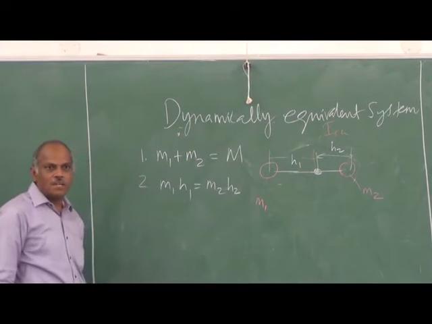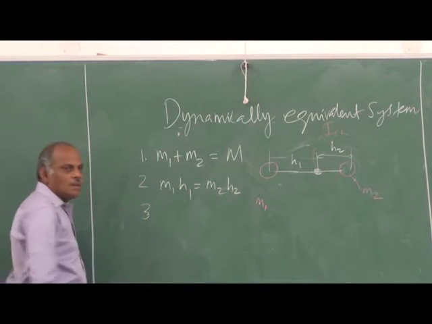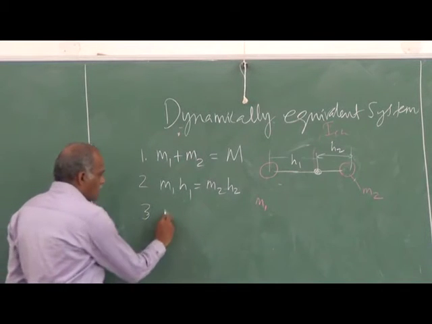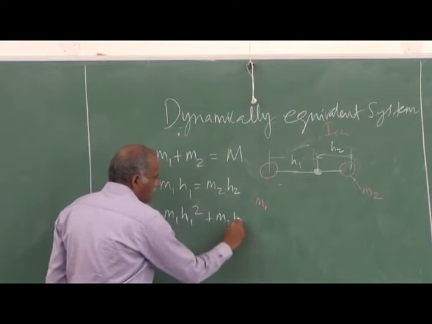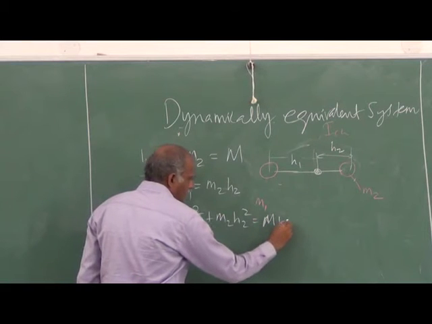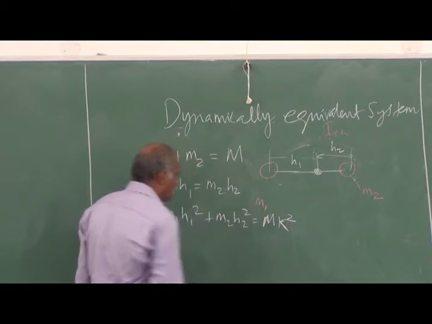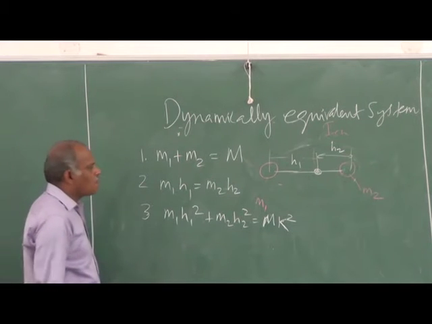So the center of gravity of the equivalent system is same. The third condition is m1 h1 square plus m2 h2 square should be equal to m k square. These are the three conditions.